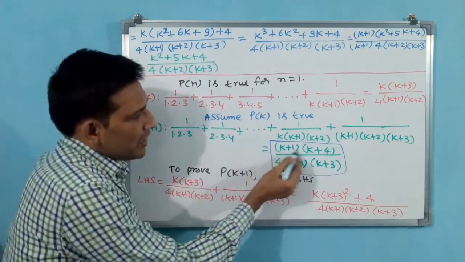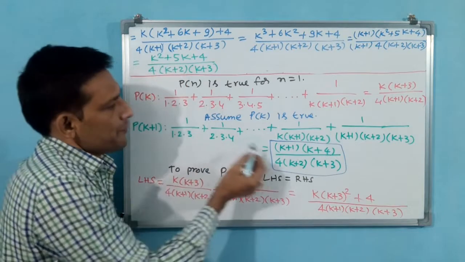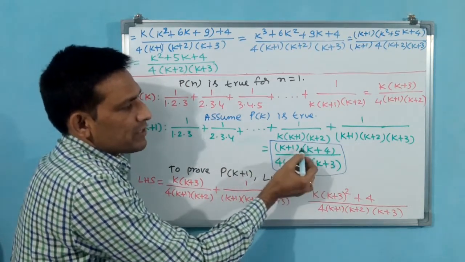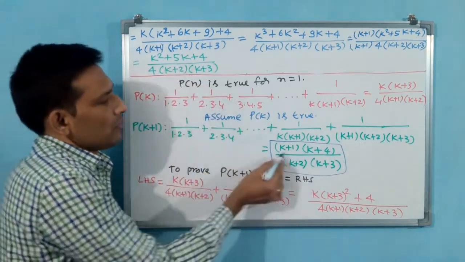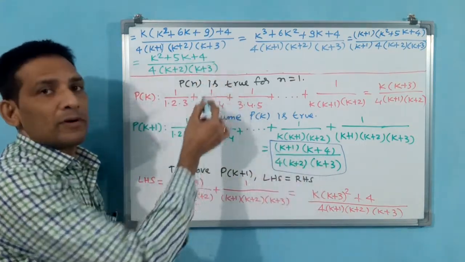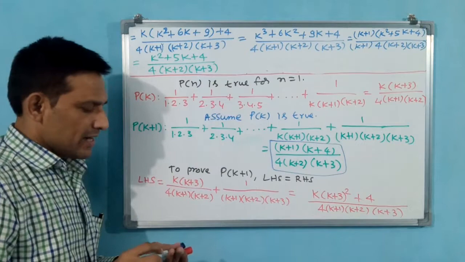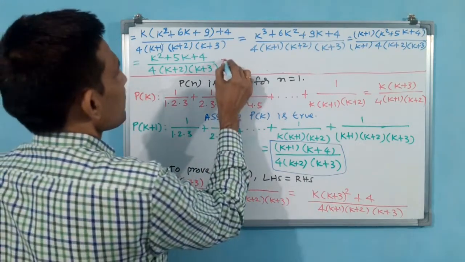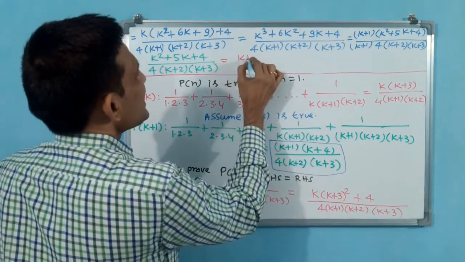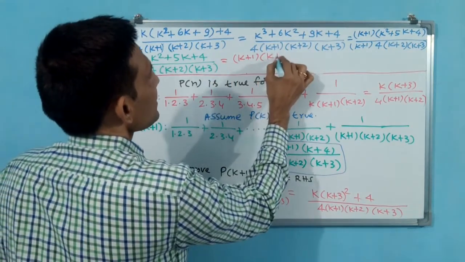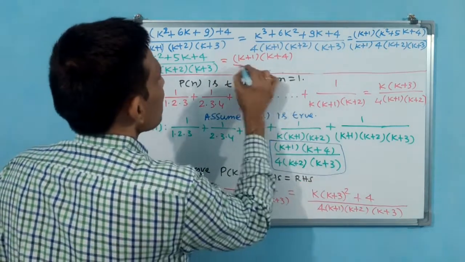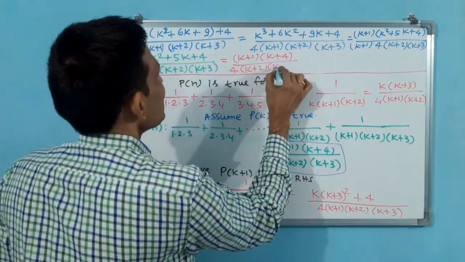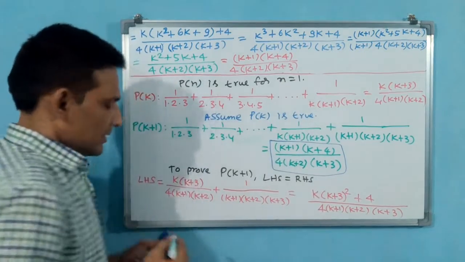You see, k into k square, k square. K into 4, 4k. K into 1, 1k. 4k plus 1k, 5k, 5k. 4 into 1, 4, 4. Simply you write this RHS here then. Okay, you understand now what I want to say. K plus 1 into k plus 4 divided by 4 into k plus 2 into k plus 3.